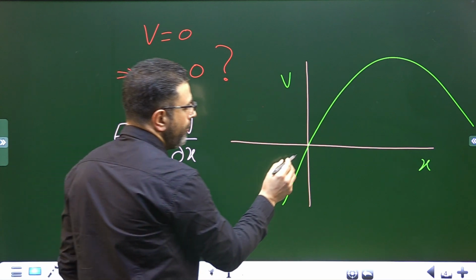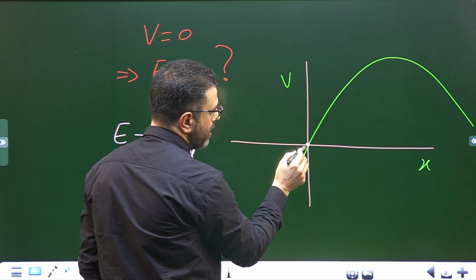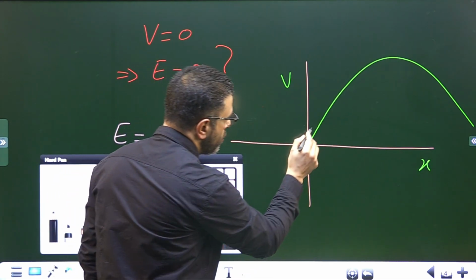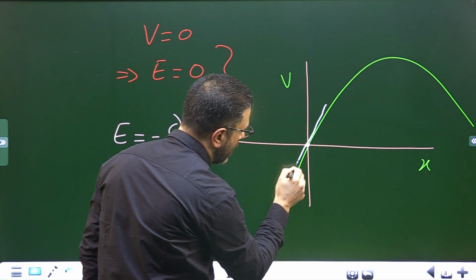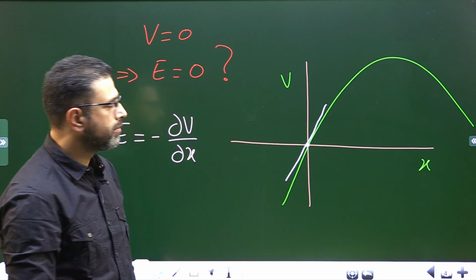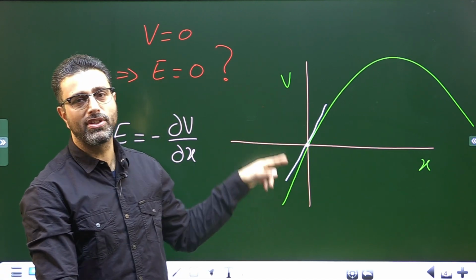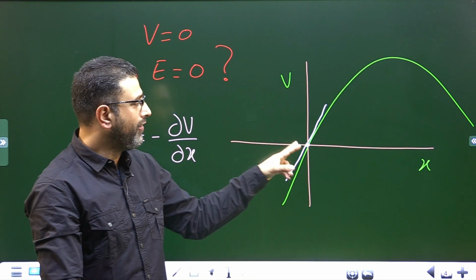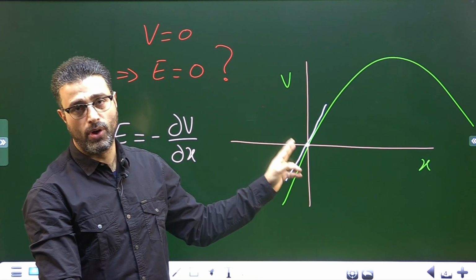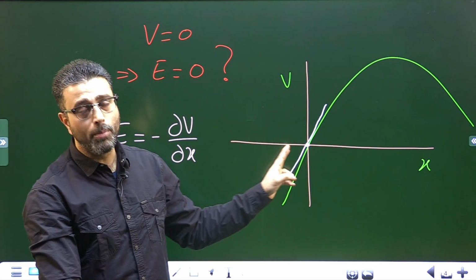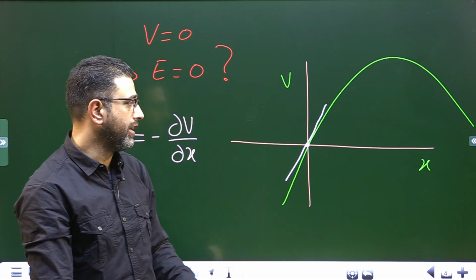Now, if we consider this point here, potential is 0, but slope is not 0. We can draw a tangent here, not a very good tangent, but this will work. You can clearly see the slope of this tangent is not 0. So slope is non-zero, field is non-zero. So potential is 0, but field is not 0.